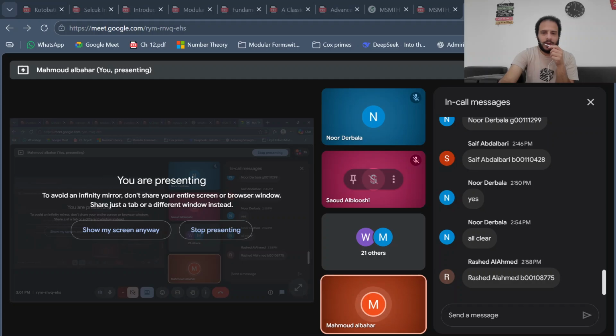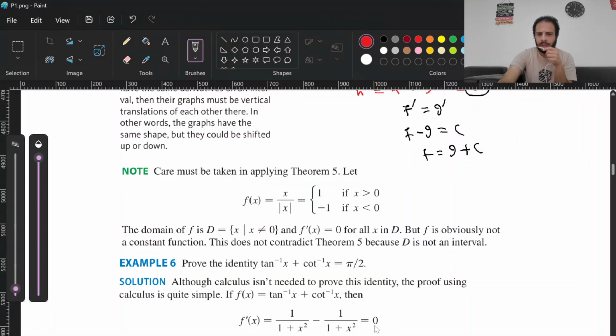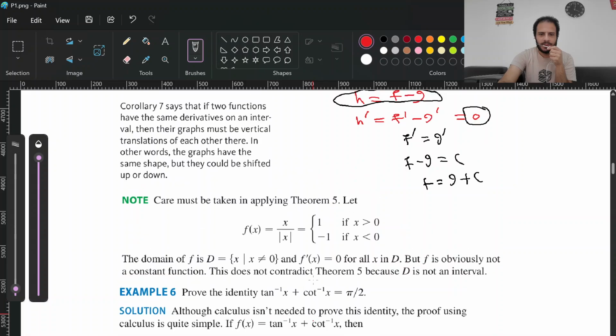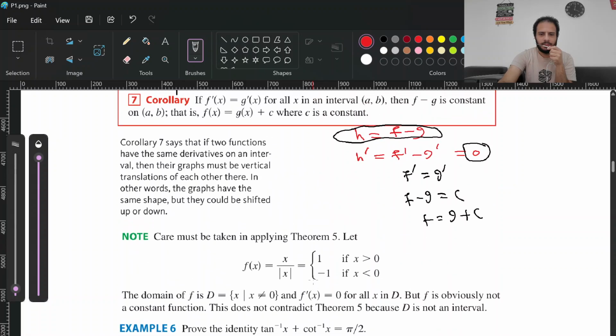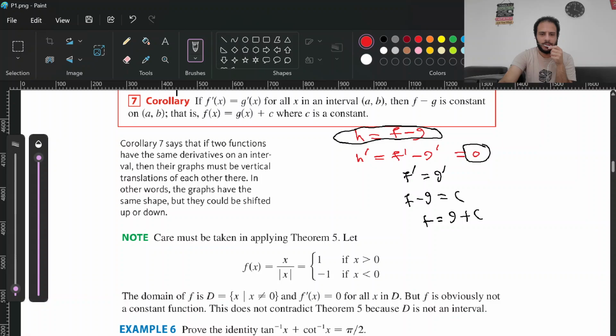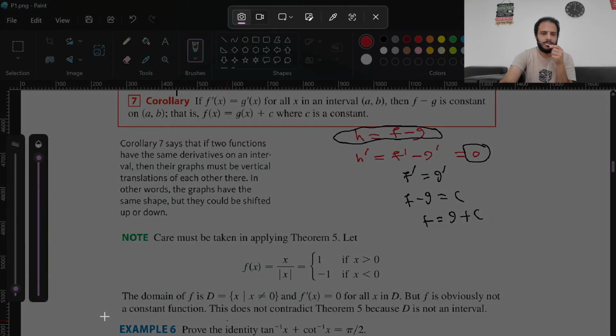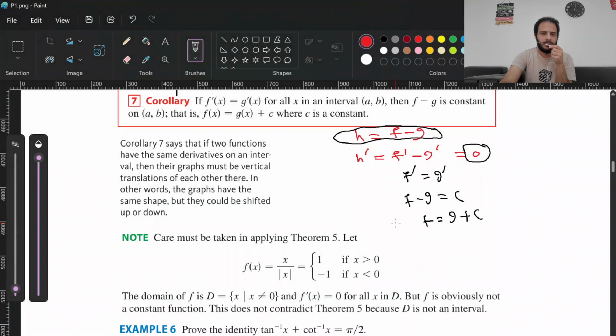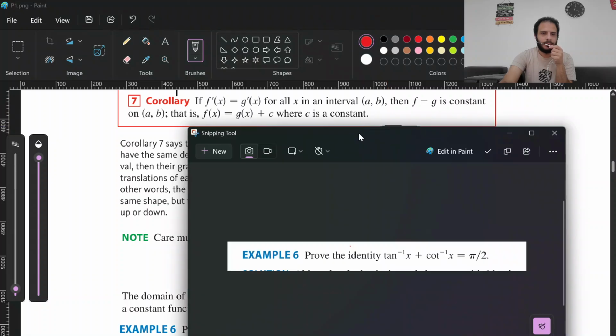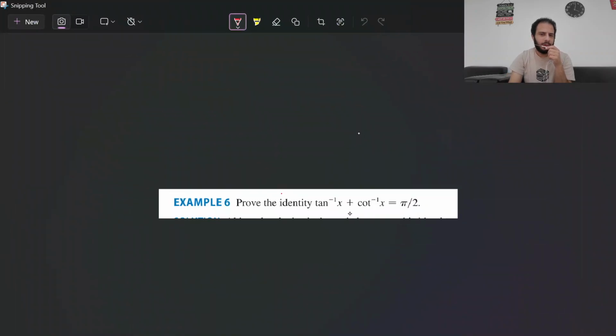Now we also have a similar example here in the file. This identity. Yes, I will take it and we solve it. You also have this identity now. Now you know the idea, right? You will build the function. You say f of x equals tan inverse of x plus cotangent inverse of x.